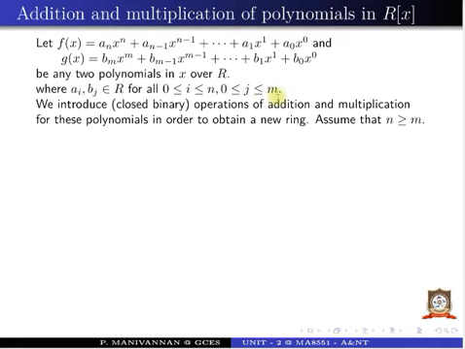We introduce the closed binary operations of addition and multiplication for these polynomials in order to obtain a new ring. Assume that n is greater than or equal to m.